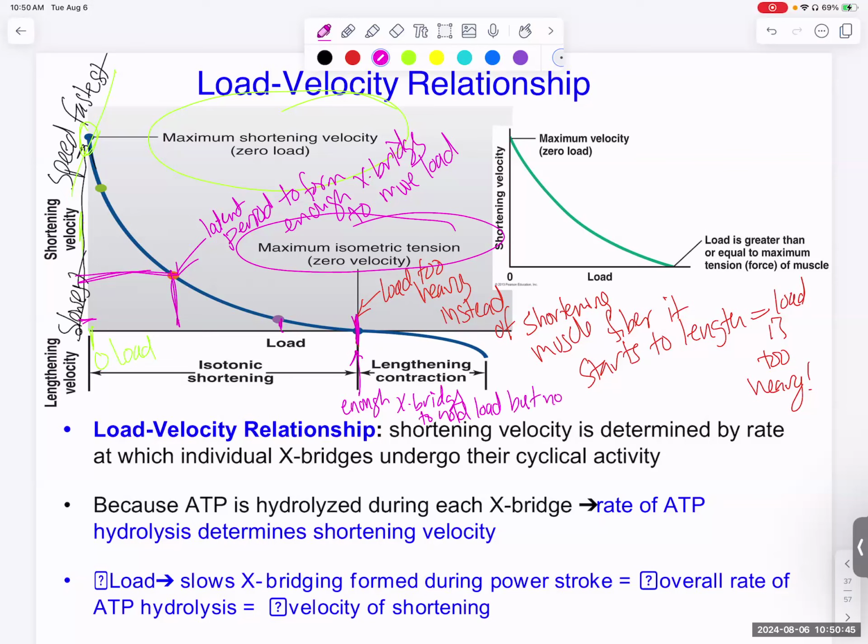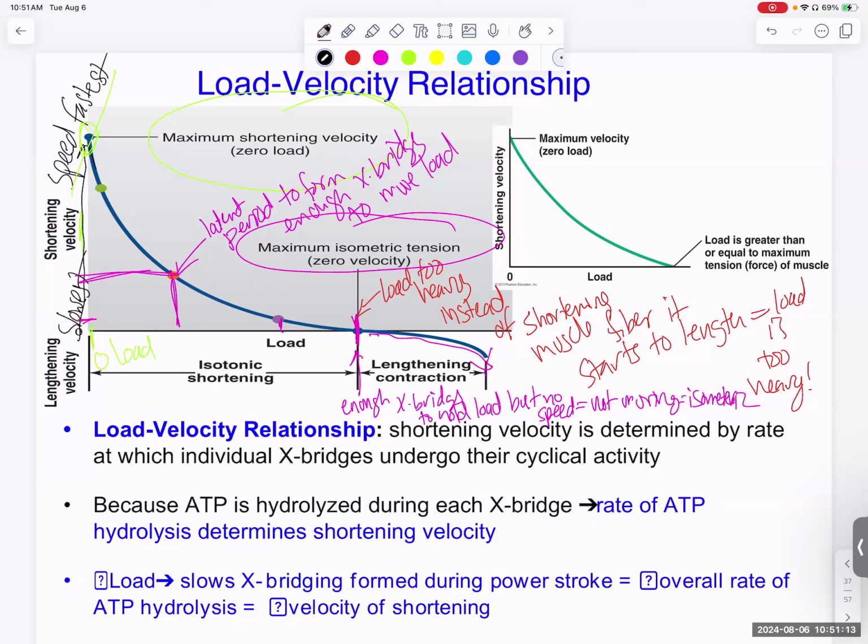But no speed, not moving, isometric. If you keep increasing the load, now your muscle is just getting longer or it has to drop the weight. And so the velocity is negative, you're going in the opposite direction.